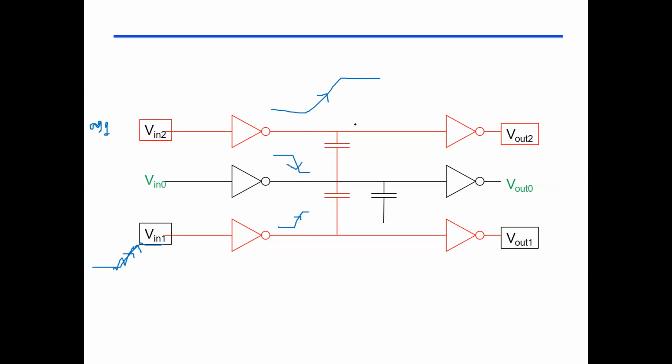So let's draw what we have. Between every wire there is coupling capacitance. Now this is going up, this is going down. This node and this node.